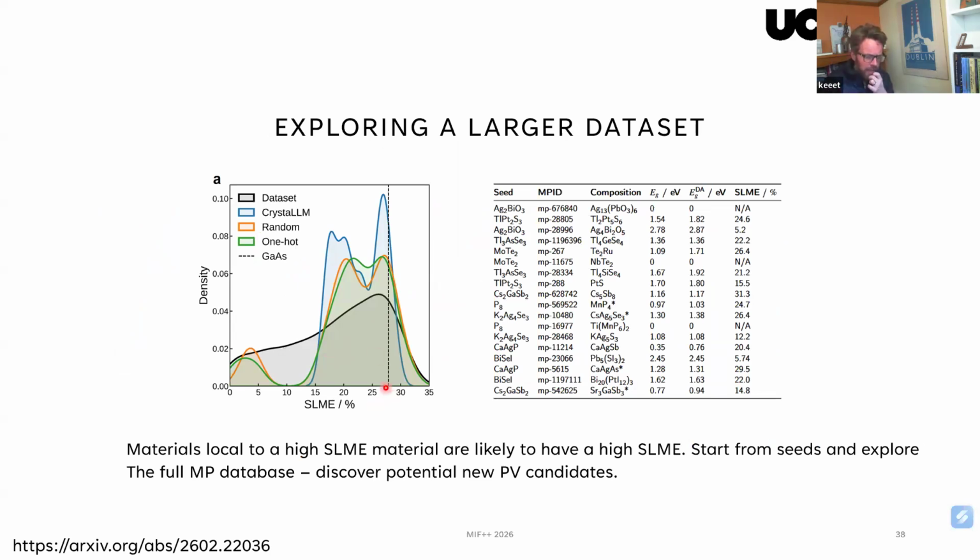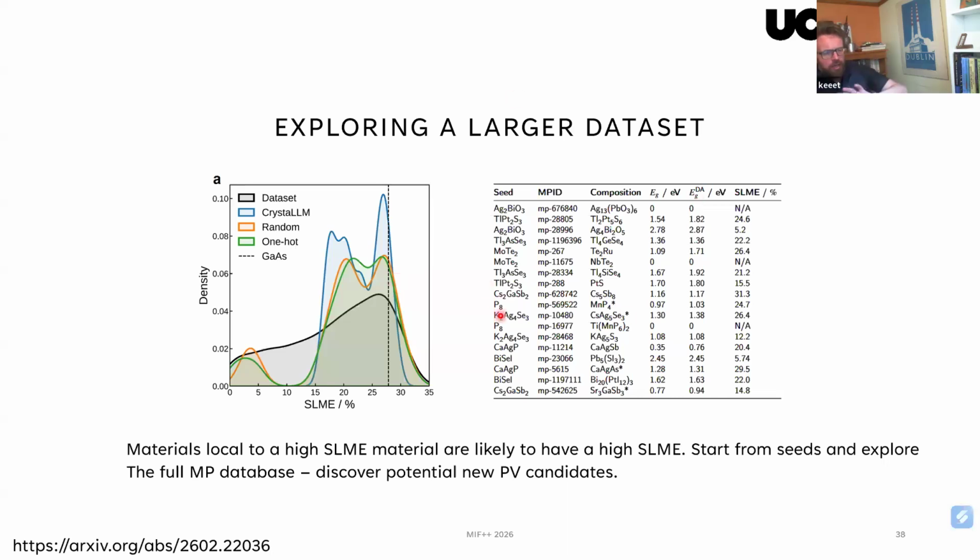So if you choose a starting material with very high efficiency, up here around 28%, and then we use this FGW to explore the space around it, you can see the distributions do get shifted. The base distribution is in black, and depending on the different representations we use, so we tried a few different representations for the composition, all of them do shift the distribution towards finding more high SLME materials. It's not perfect, but it definitely does shift it there.